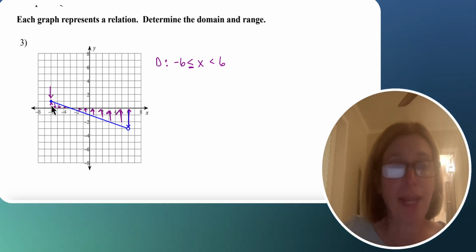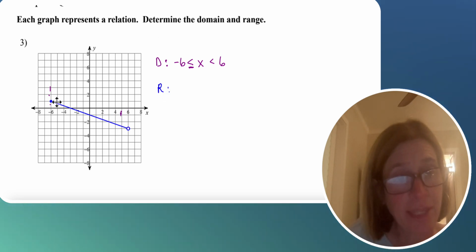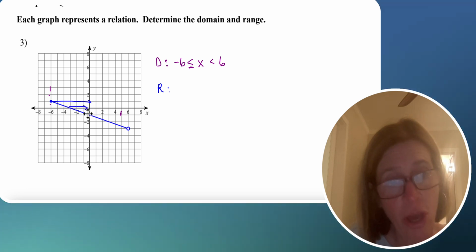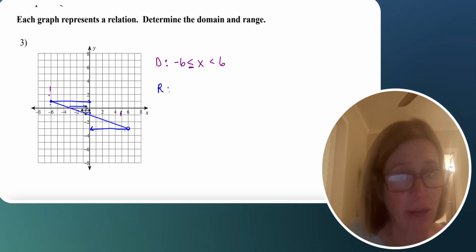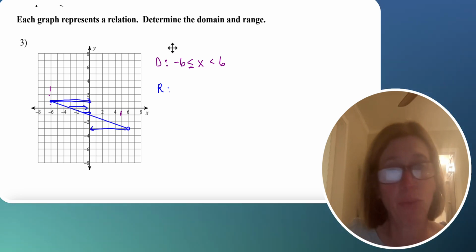Okay, so range, remember I said, let's look at the y-axis for range. So I'm going to look at my y-axis. So I can see that this appears to have a y coordinate all the way from here to here. So that looks like it's between -3 and 1, but it's the y values.